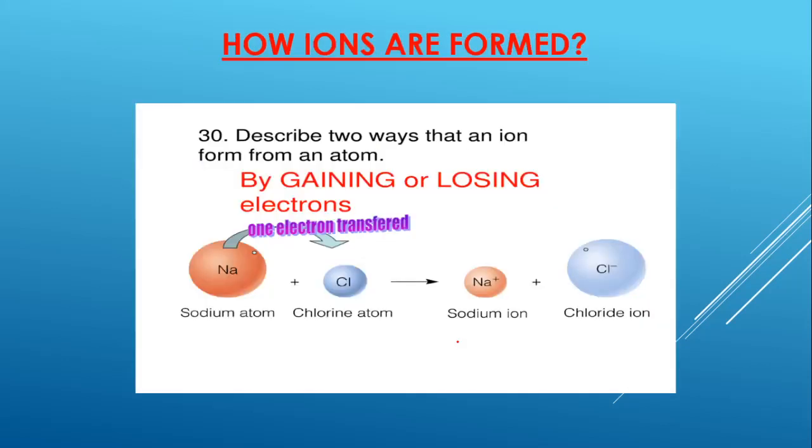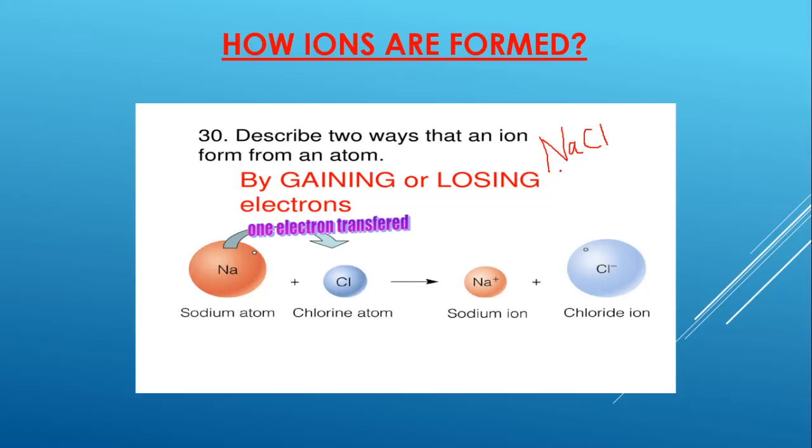Even if we talk in more detail about an NaCl compound, we just talked about sodium losing an electron, but who takes it? In a compound like NaCl, sodium and chlorine have an electrostatic force of attraction between them, so they form an ionic compound.